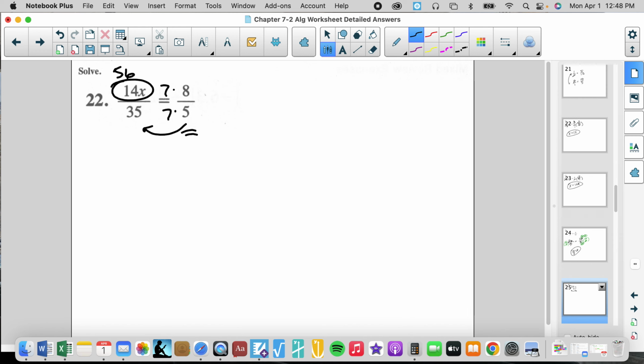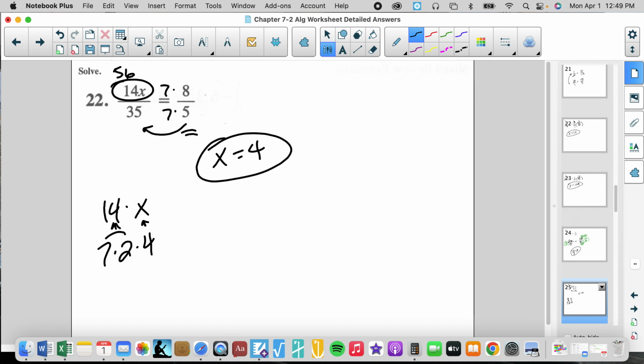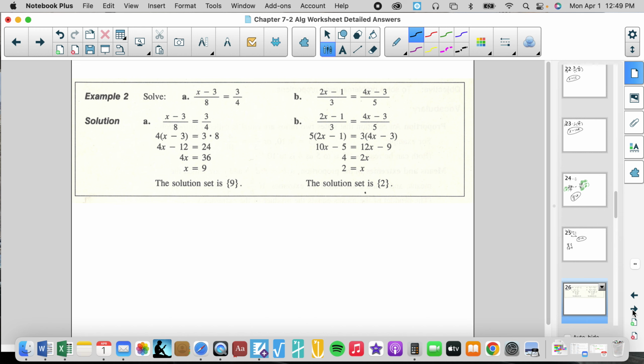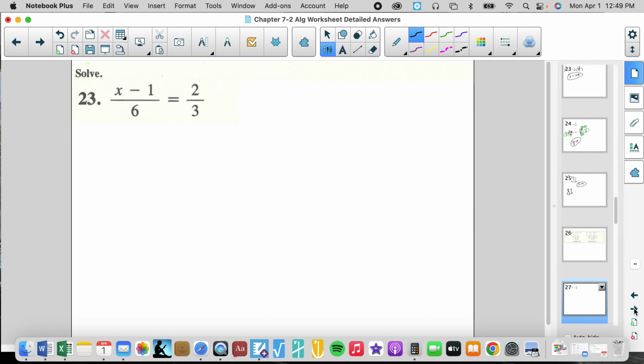And so we have 14 times x must equal 7 times 8. Well, let's make the 14 is 2, and that's right. That makes our 14, so x must be 4. You see how I did that little logic? I'm just showing you different ways to do it. Oh, I like this. I do like this.